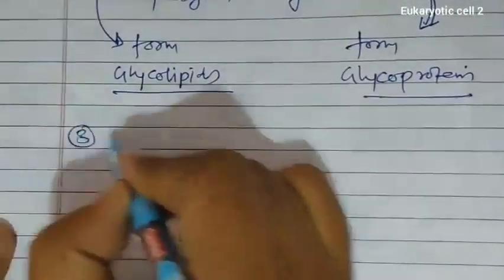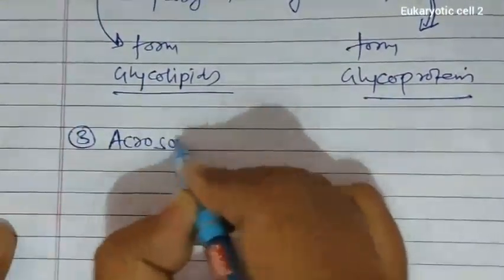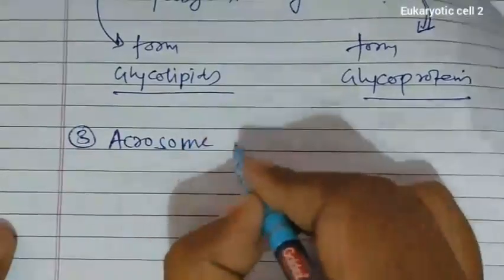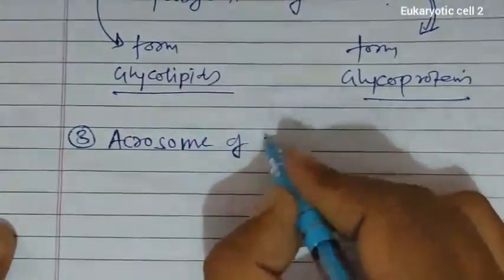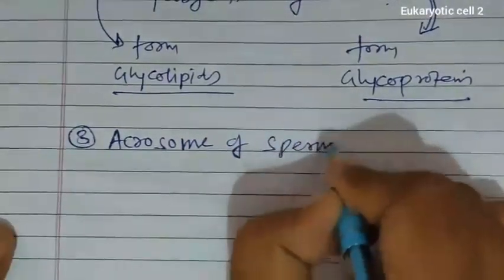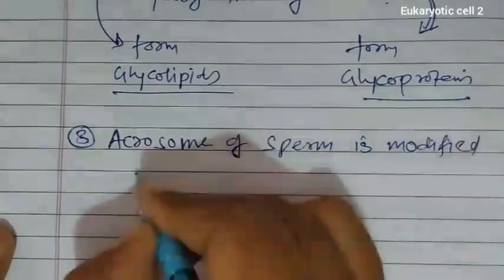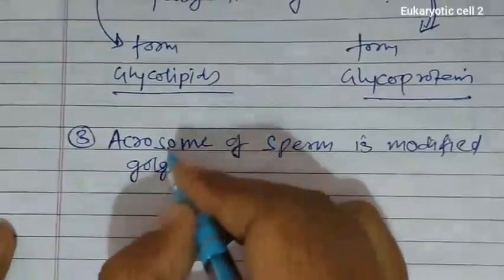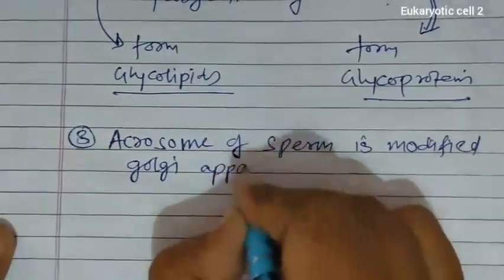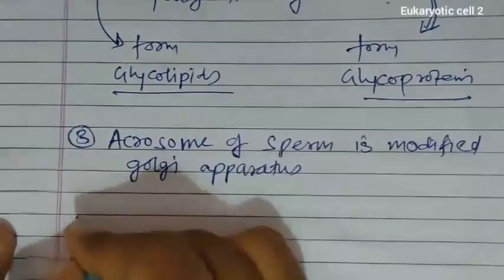Third, acrosome or tip of sperm is modified Golgi apparatus.